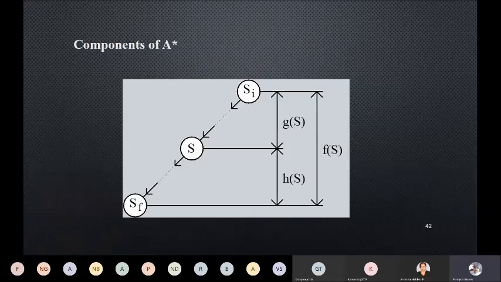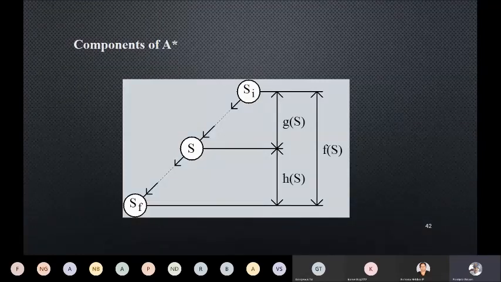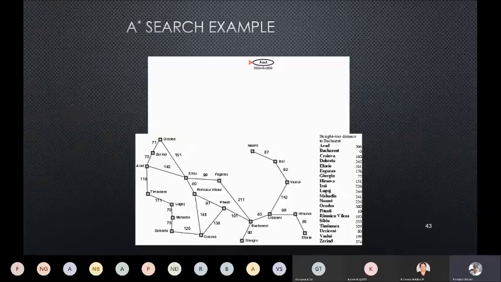So h(n) is speculation. Earlier in best first search, I was only using this estimation h(n), that means the straight line distance from Bucharest. But in A-star search, I will add g(n) with h(n). That means I will add my known information with speculated information and use this summation as my objective function.